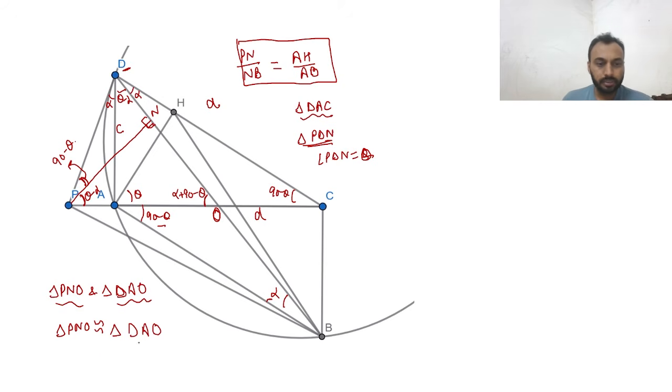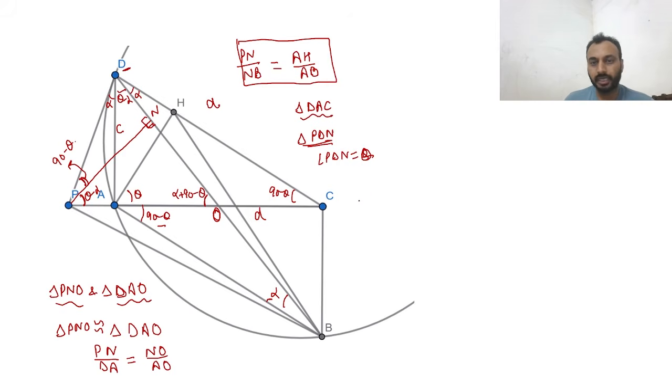So if I write PN divided by DA, it is equal to NO by AO. We already marked DA as small c, and AO is basically half of AC. Yes or no?